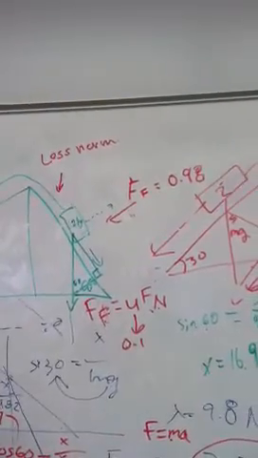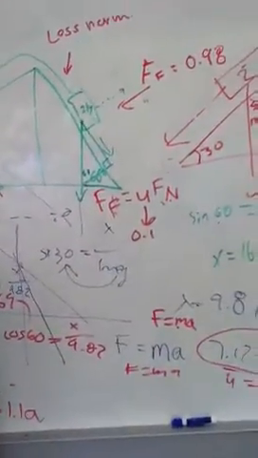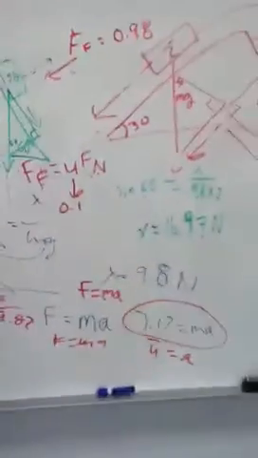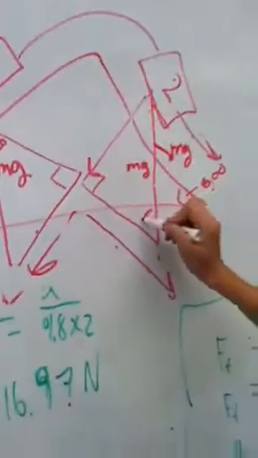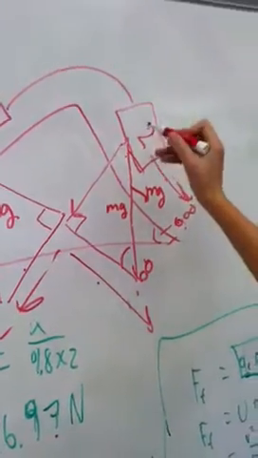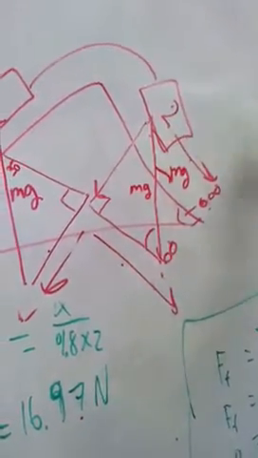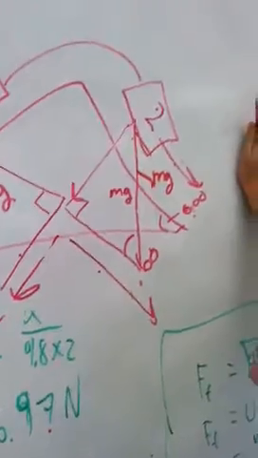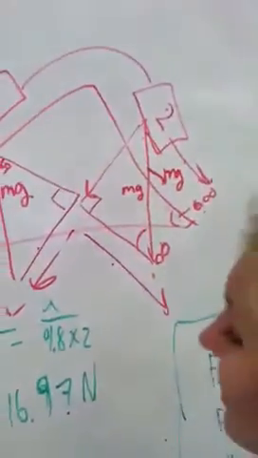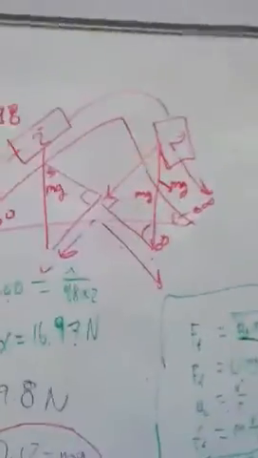So the normal force is cosine of 60 times 9.8 times 2. Multiply that by 0.1 and we get 0.98.